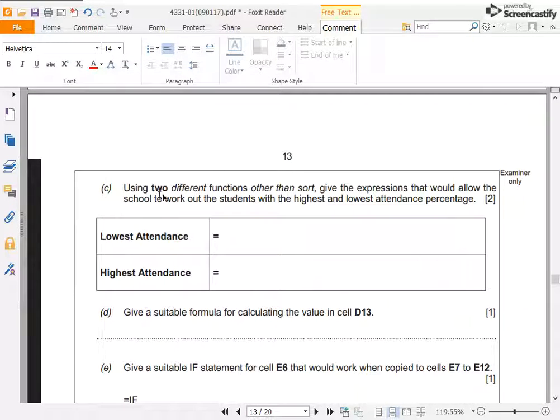Okay. Using two different functions other than sort, give the expressions that would allow the school to work out the students with the highest and lowest attendance percentages. Okay, have a little go with that. They want you to find the lowest and the highest. We're looking for special words here.